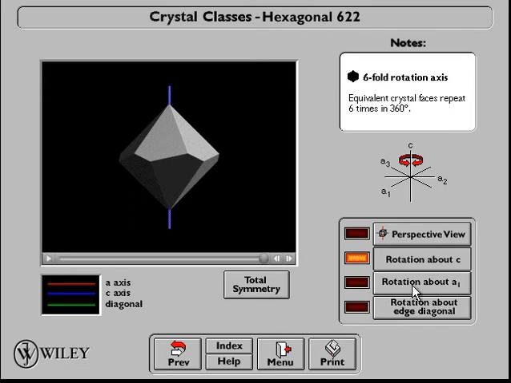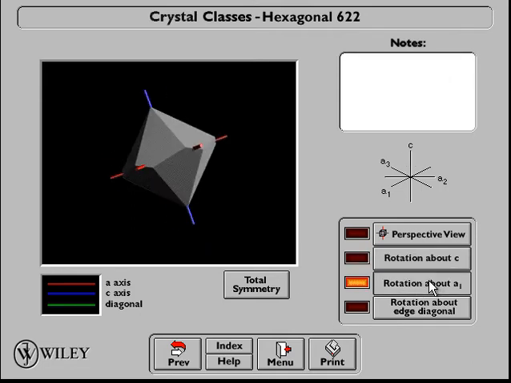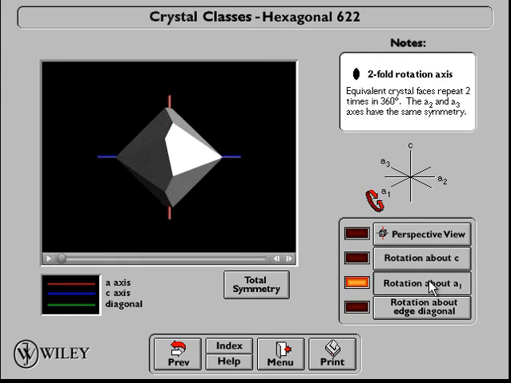Then we are making a rotation about A1. A1 is this one here, yes. And we have a twofold rotation axis, equivalent crystal faces repeating 2 times in 360 degrees. The A1 and the A3 axis have the same symmetry. We are just checking if this is true. Yes, this is true.